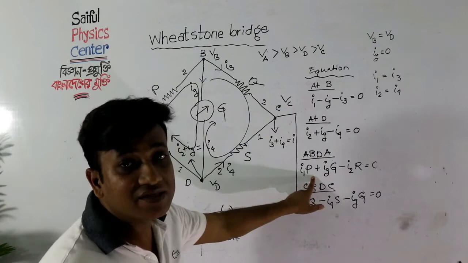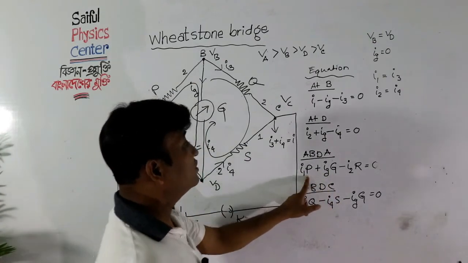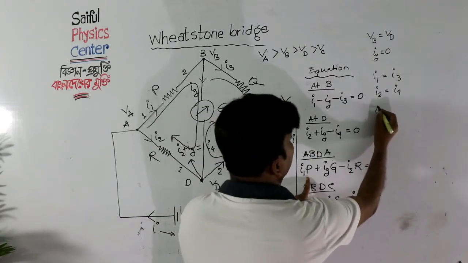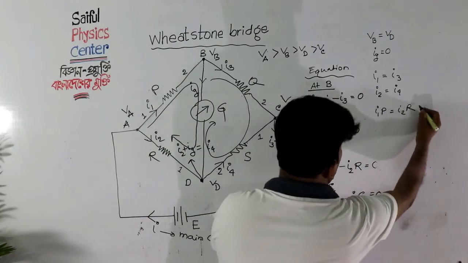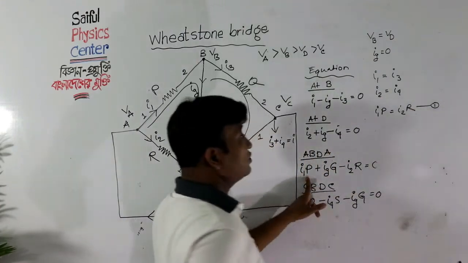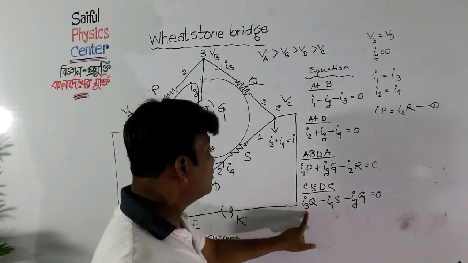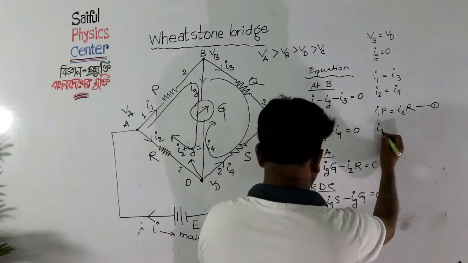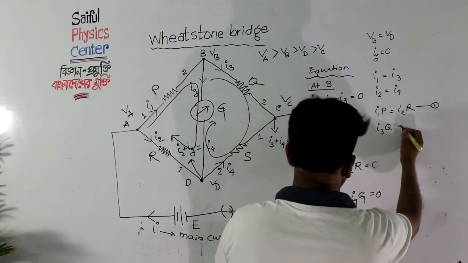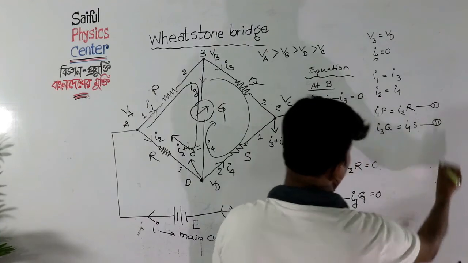Next, from this equation, as IZ is 0, we can write I1P equals I2R. Suppose this is equation 1. Next, from this equation, as IZ is 0, we can write I3Q equals I4S. Let this be equation 2.